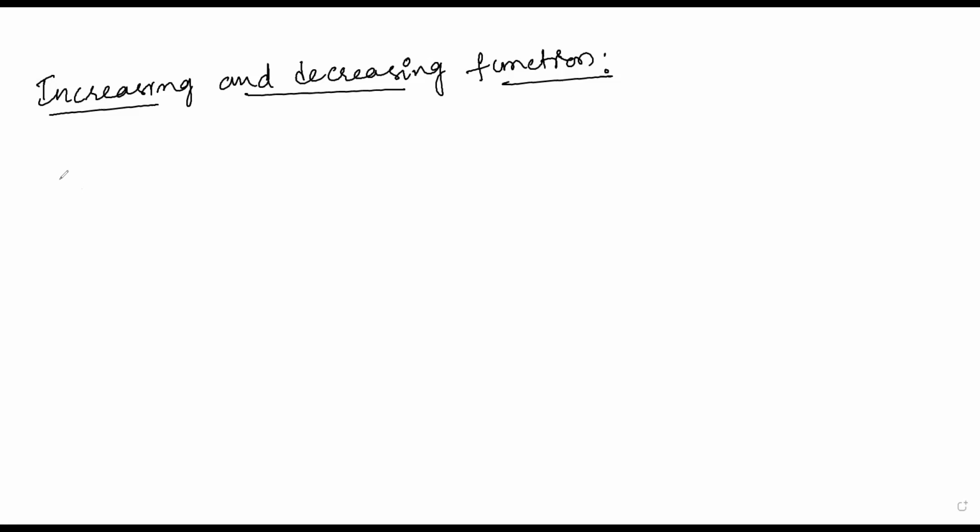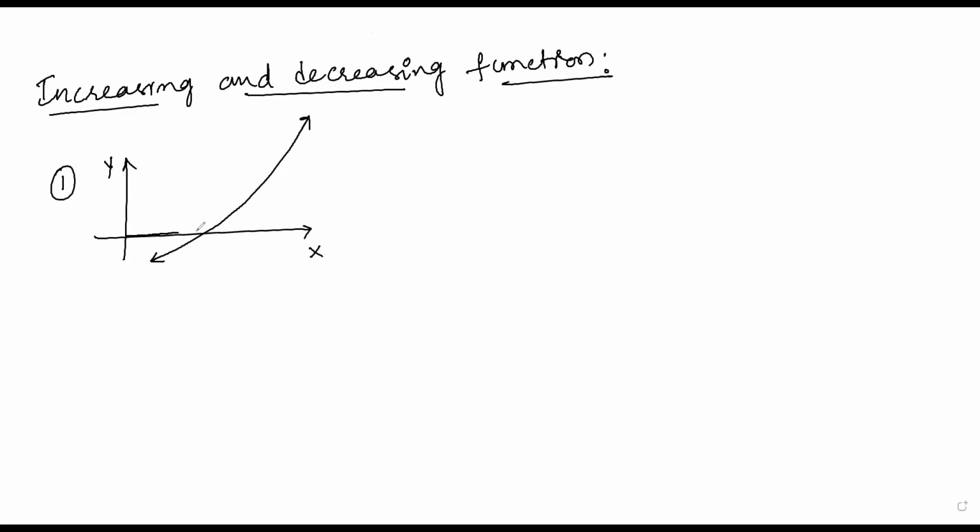See, now let's draw a diagram like this. It's constantly going down, and then it's going up like that. This is the x-axis and this is the y-axis.